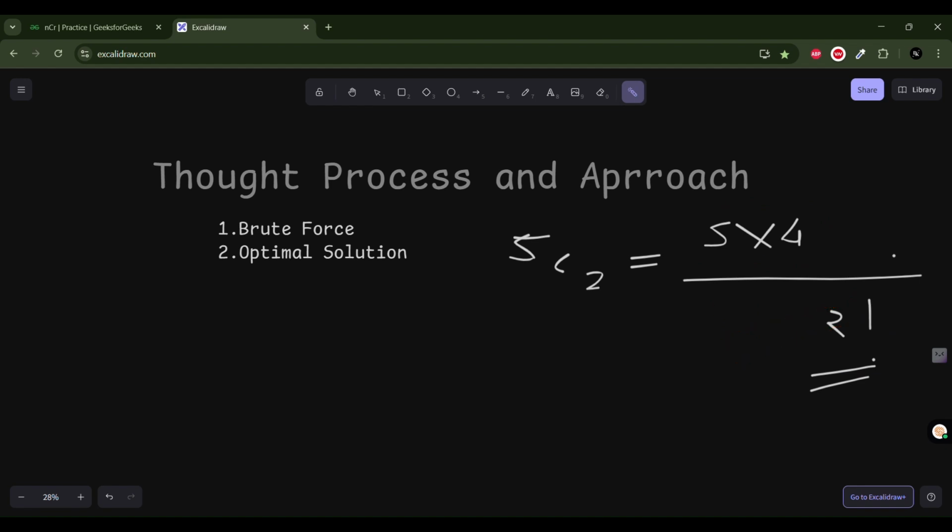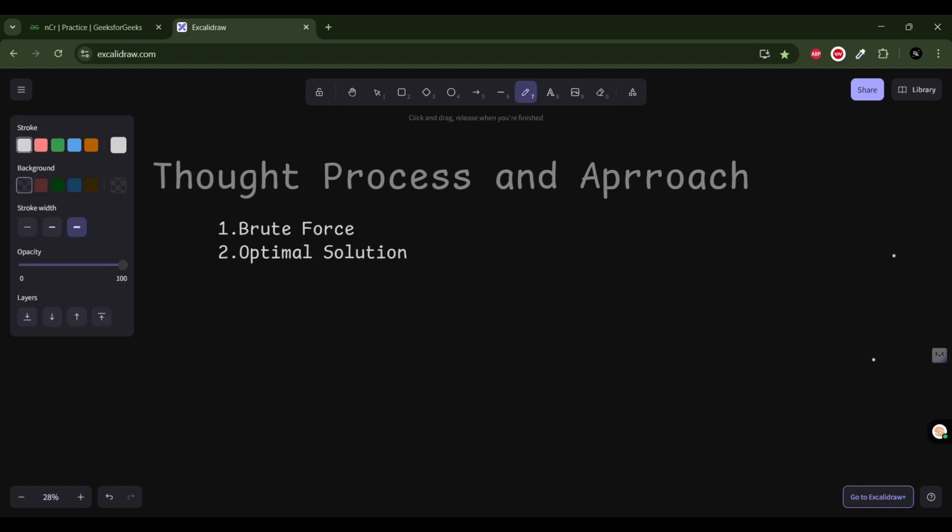Let's take another example. Take 7C4. We are going to expand 7 only r times, let's see how it happens. 7 factorial on top.